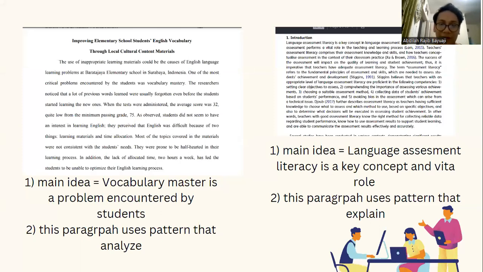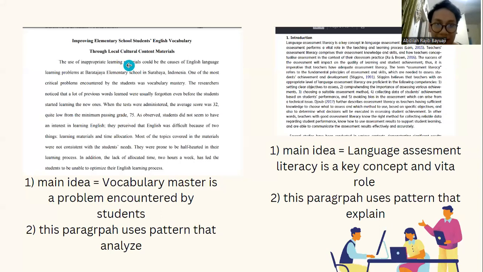Now we're going to do a comparison of the introduction. The left one is the first article about elementary school students, and the right one is about high school teachers' assessment literacy. Okay, we're going to do the left one first. The main idea of this introduction is that vocabulary mastery is a problem encountered by students. Where do I find this? I found this in the first paragraph, not the first sentence, but the second sentence.